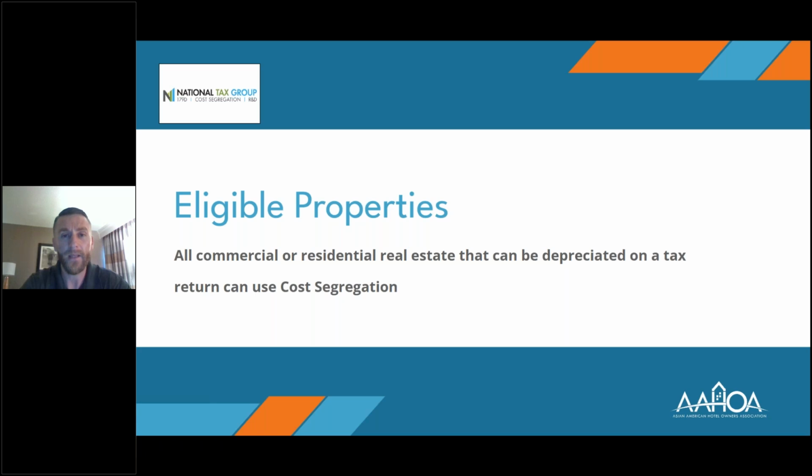So it could be a single family home that you have as a rental income property, a garage, an office space, anything that's real estate that is able to be expensed for business purposes. We can do a cost segregation for you. And I highly recommend it, as it is best practice. The IRS expects that you should be doing this on your tax return.